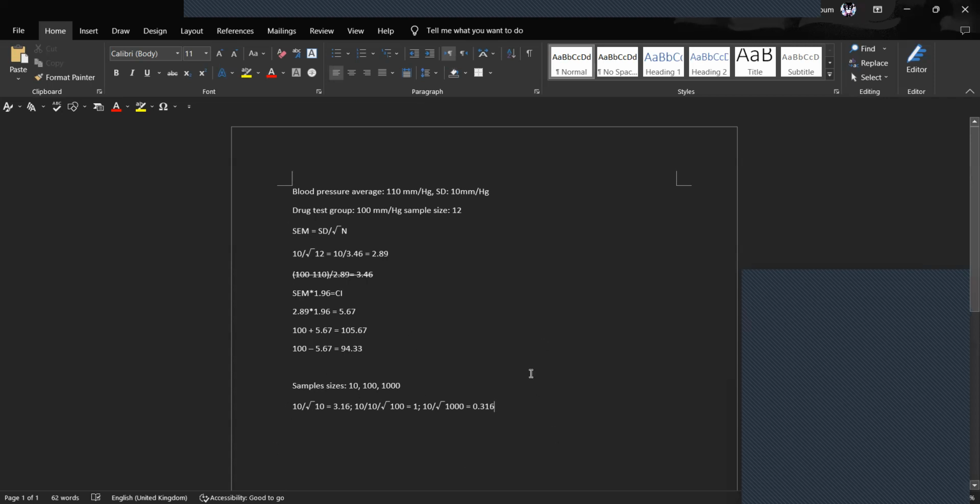And so if we do it for each of these three, what you'll end up with is 3.16 times 1.96, so that equals 6.19.